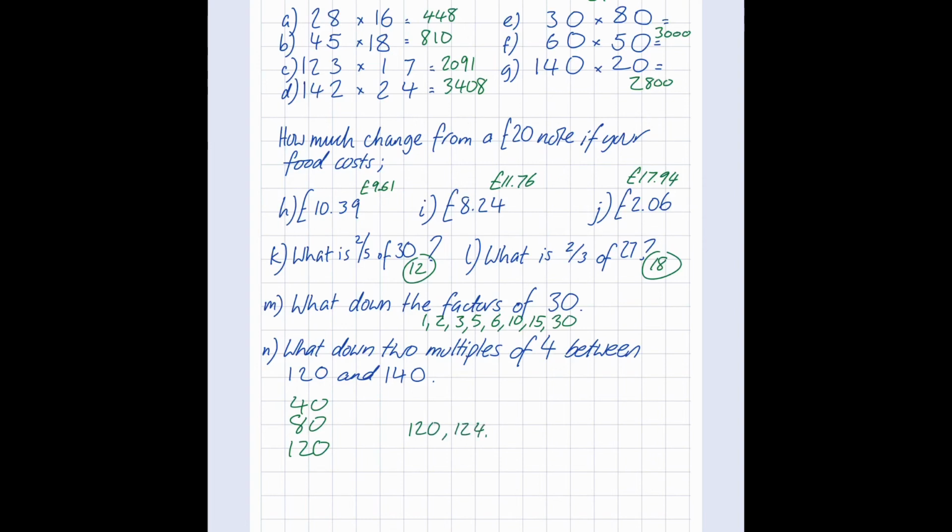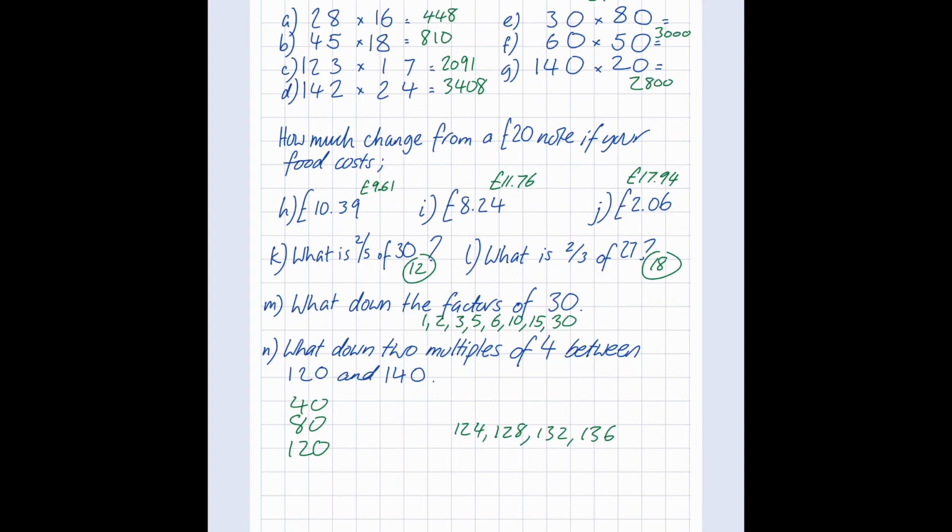So I go 124, 128, 132 and 136. So if I get rid of the first one, because it has to be between, they are your four options: 124, 128, 132, and 136. It's been a long day. All right, so they are your four possible answers.